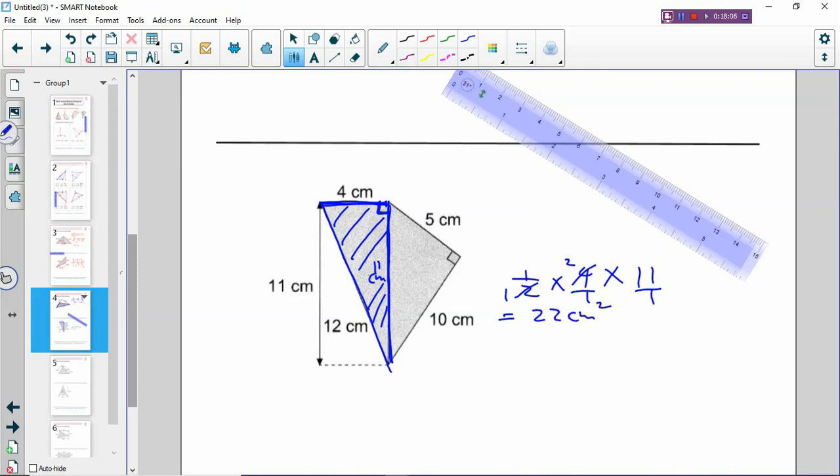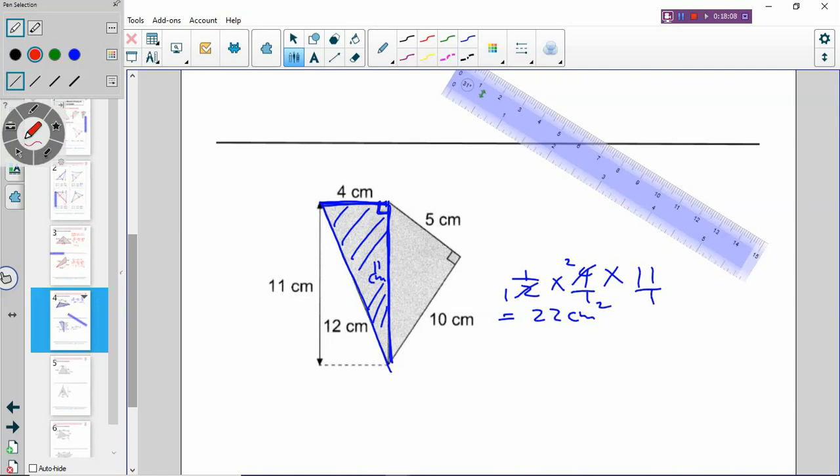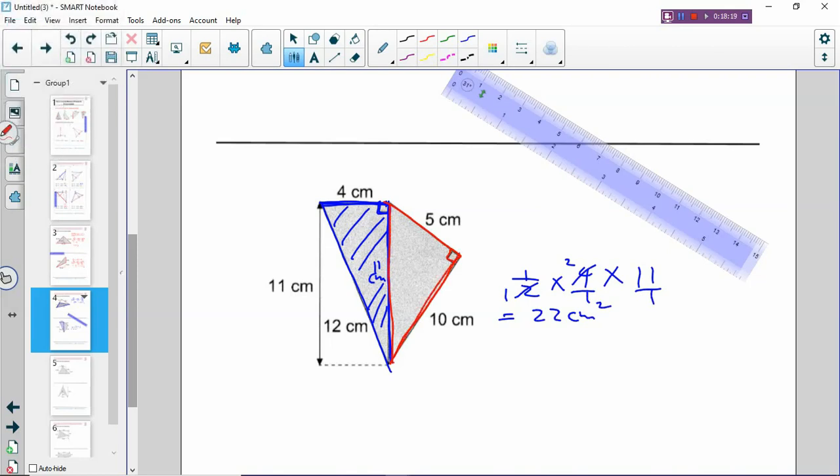And then you see there's another triangle here. Once again, there is a right angle box, so the height and the base must be quite near. If this is your base, then your height must be your 5 meter because of the right angle box.